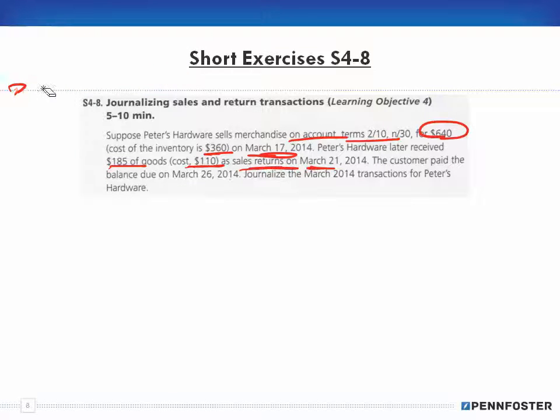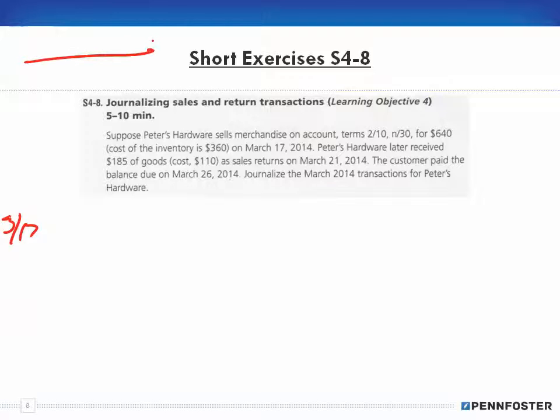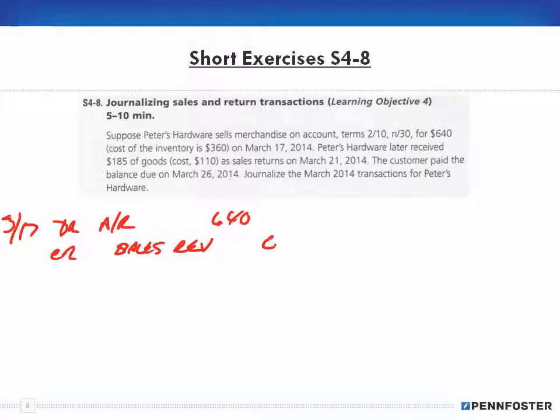Now let's look at what it is that we have to do here. On 3/17, and making the timeline is just a way to organize my thoughts, to understand what's going on when it's going on. So on 3/17, I'm selling merchandise on account for $640. That means I'm going to debit accounts receivable for $640, and I'm going to credit sales revenue for $640.